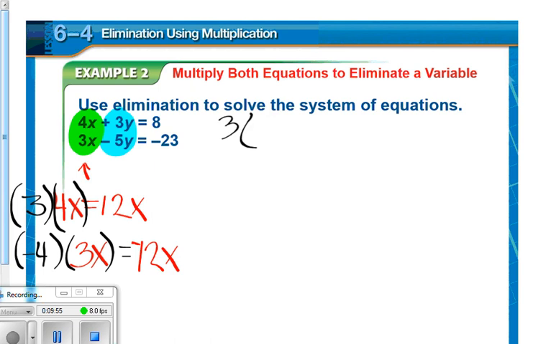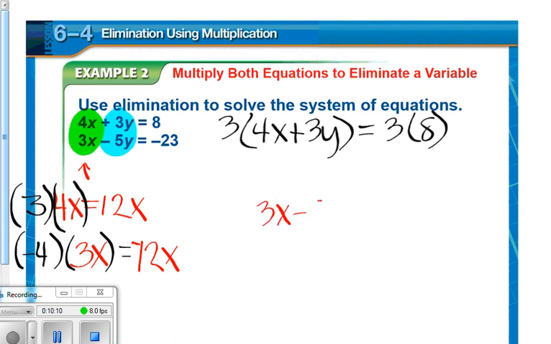3 times 4x plus 3y equals 3 times 8. Okay, I'm going to do the same thing here. I've got the bottom one, 3x minus 5y equals negative 23. And what I'm going to do is I'm going to multiply the bottom one by, that's right, the negative 4 that we decided.